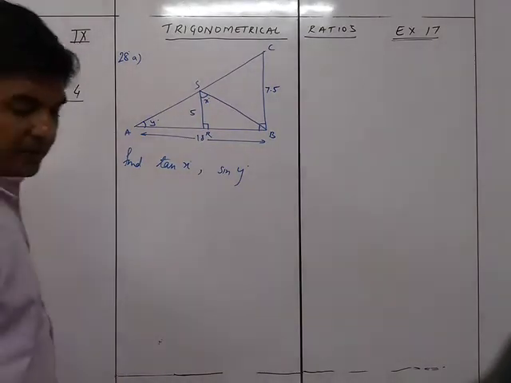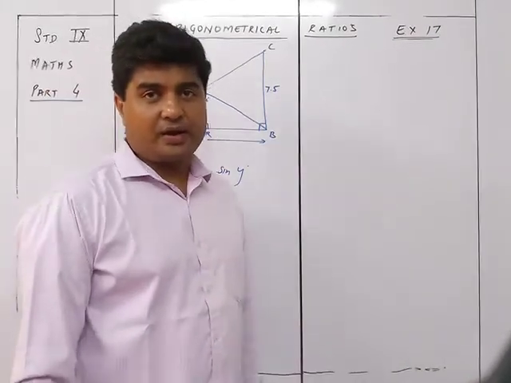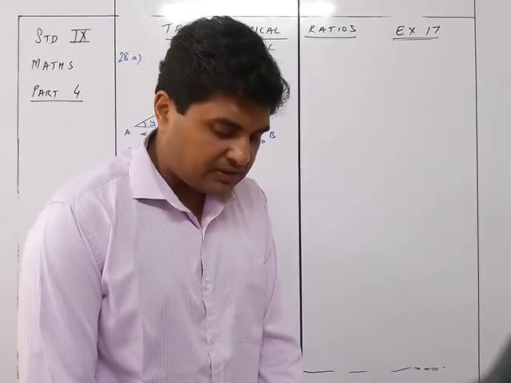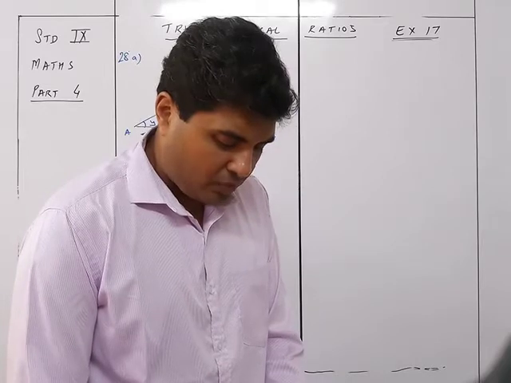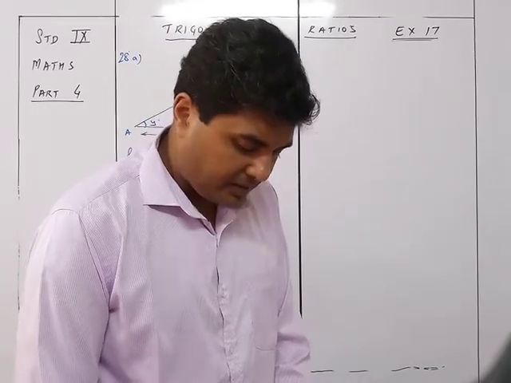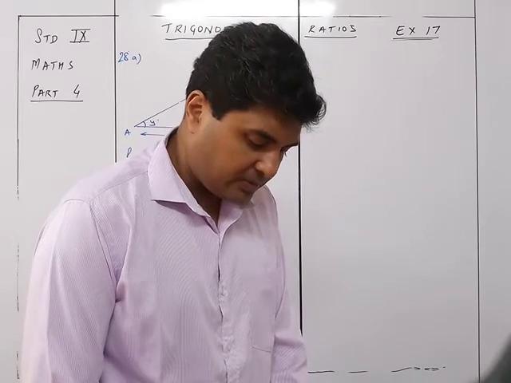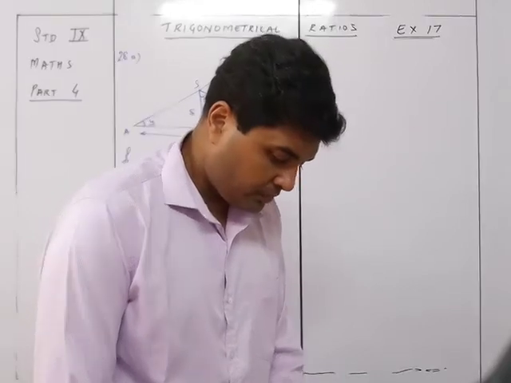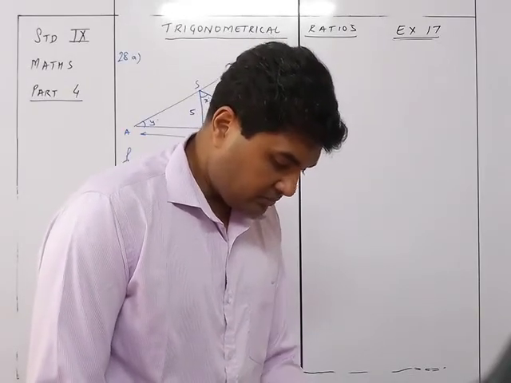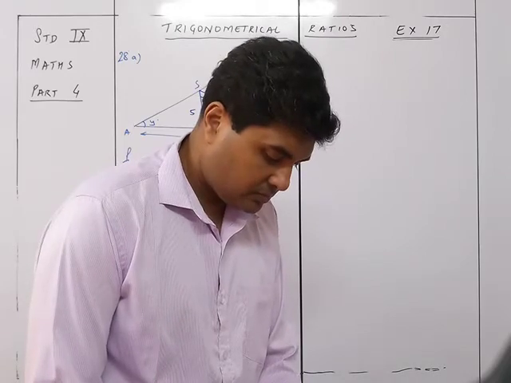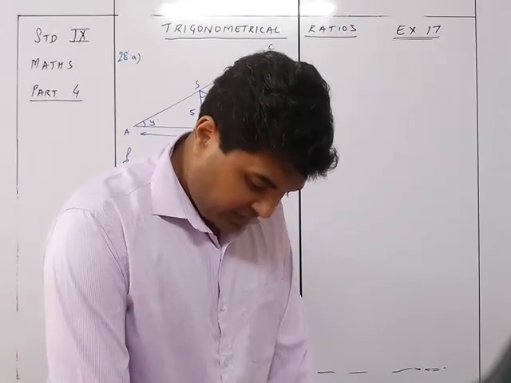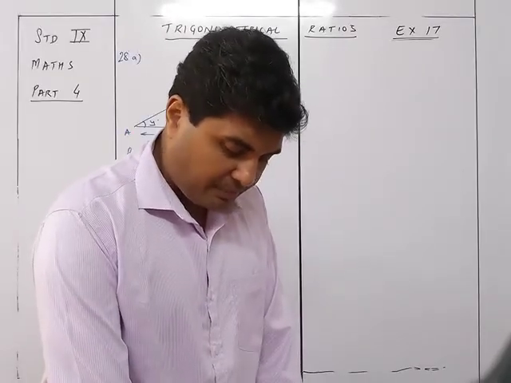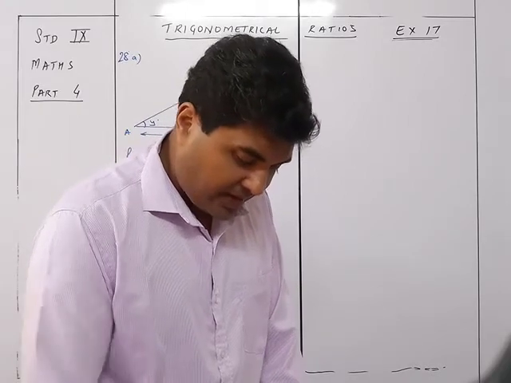Now this particular sum you cannot solve right now, because this involves a chapter named similarity, and if I am not wrong, that similarity chapter has been cancelled from your 9th standard syllabus. Let me check the syllabus. Okay, similarity is not there in your syllabus at all. So in that case we'll have to skip this sum, because without similarity you cannot do it.